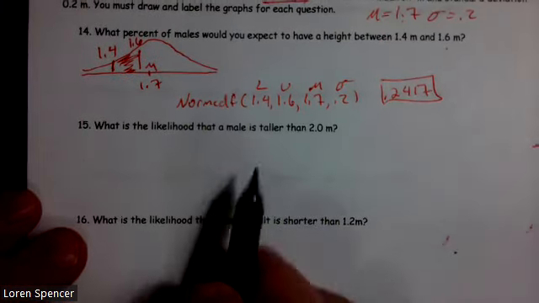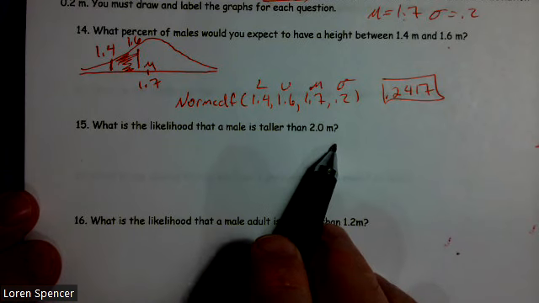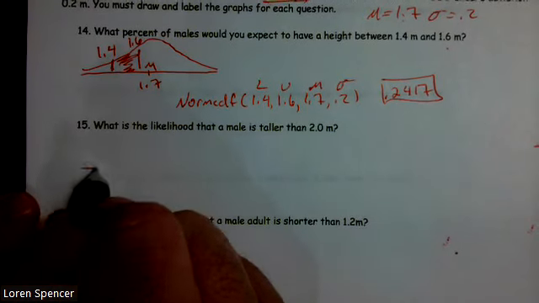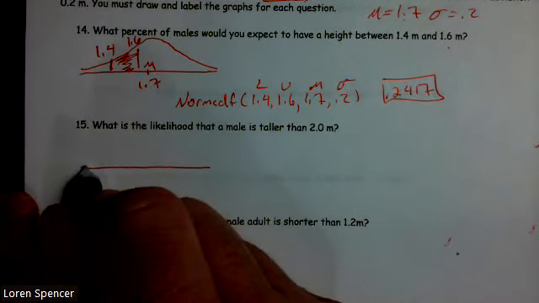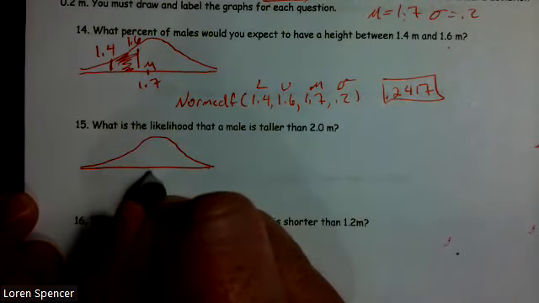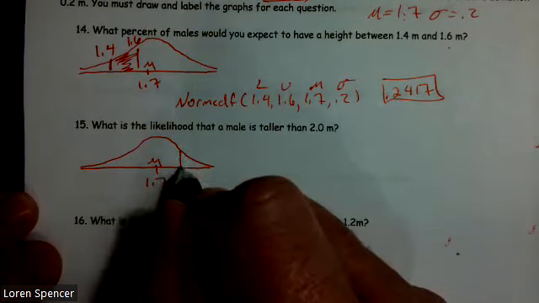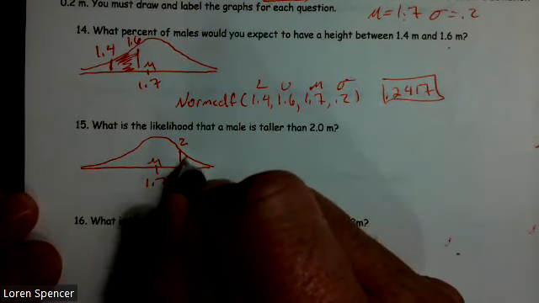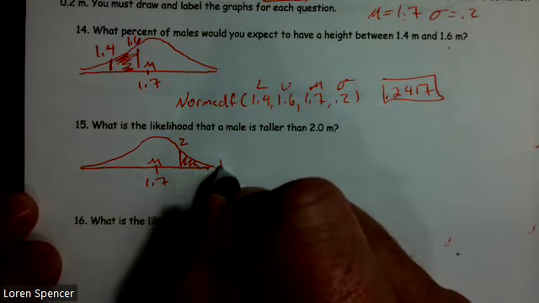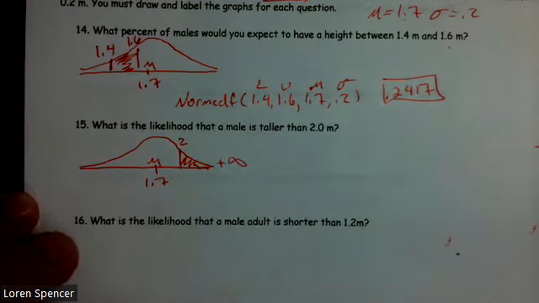Next one, what is the likelihood that a male is taller than 2 meters? Well, once again, we draw our graph. Our mean is at 1.7. This is 2 meters, which is right here. And this is shading. It didn't tell us an upper bound, so it's shading to infinity.